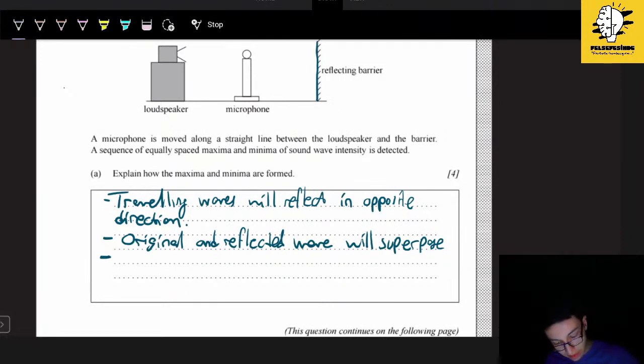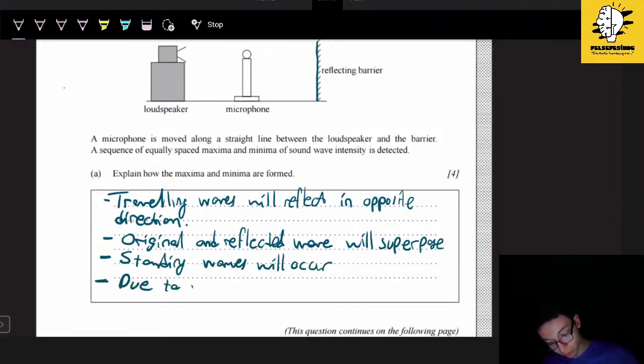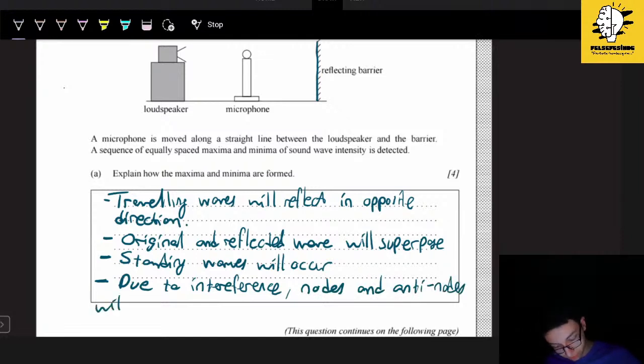This means that standing waves will occur, because due to interference of those two waves, nodes and antinodes will form. So we can say that maxima are antinodes, and minima are nodes.